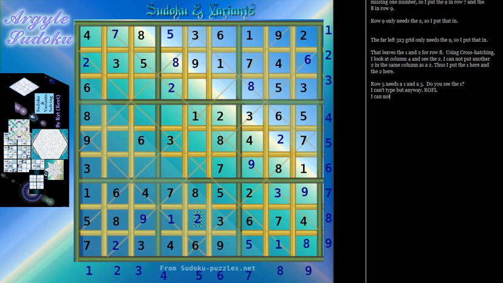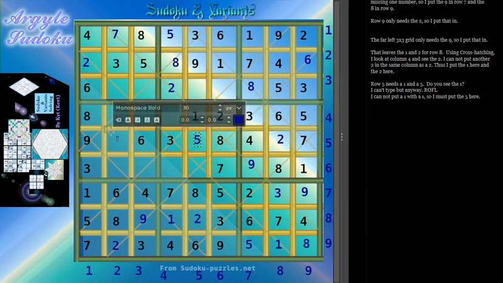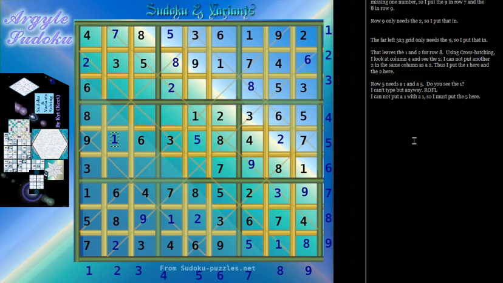And I cannot put a 1 with a 1, so I must put the 5 here. And then put the 1 in column 2.